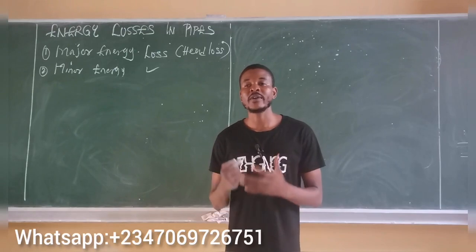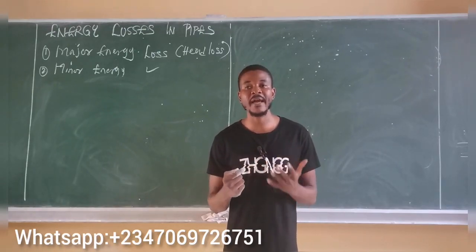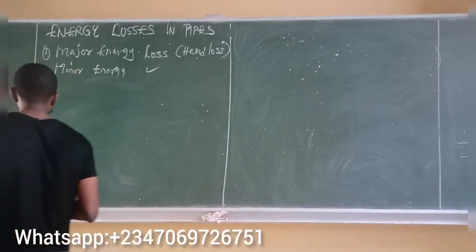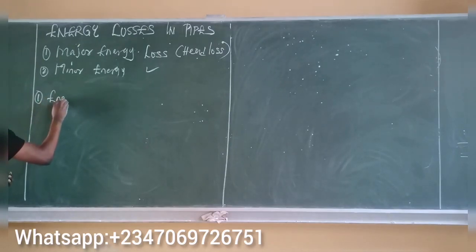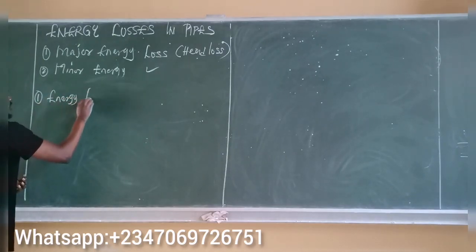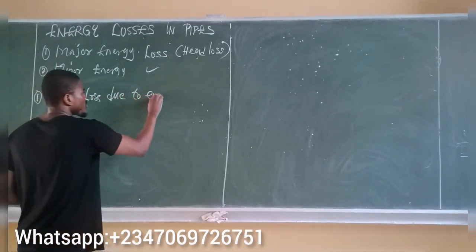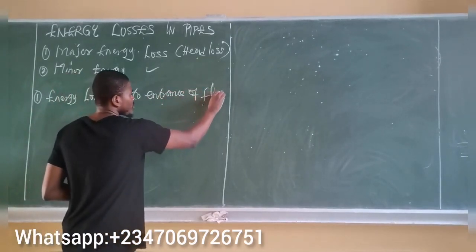Welcome back. All right, so I said we have about 7 energy losses which constitute the minor energy loss. Now, let's start listing them from the very first. The first energy loss which makes up the minor energy loss I'm going to be talking about is what is called the energy loss due to entrance of fluid.